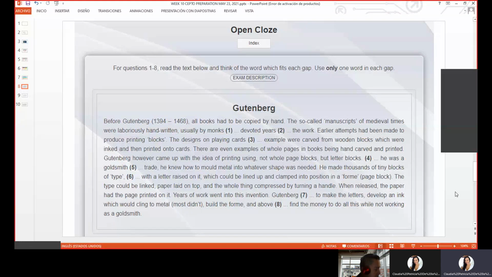Can you see it now? No. I don't see anything.